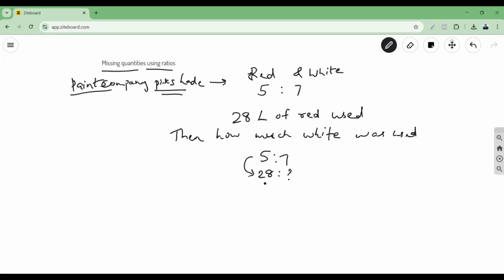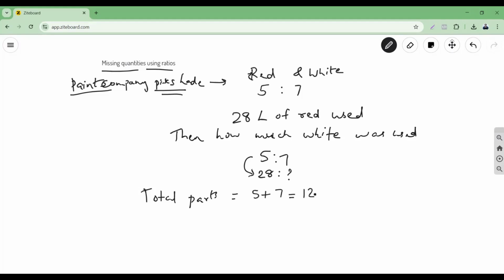This is where the concept of ratio, the addition of both these things as a whole, helps us. If 5 parts is red and 7 parts is white, then the total parts in any situation is 5 plus 7, that is 12.